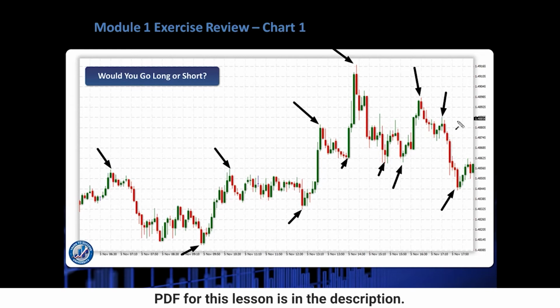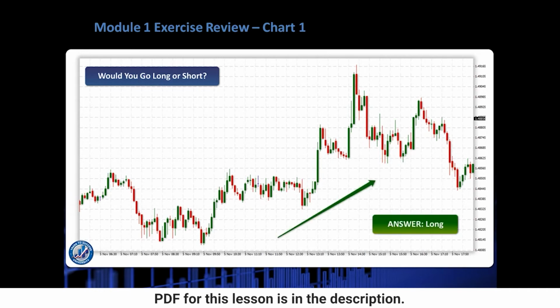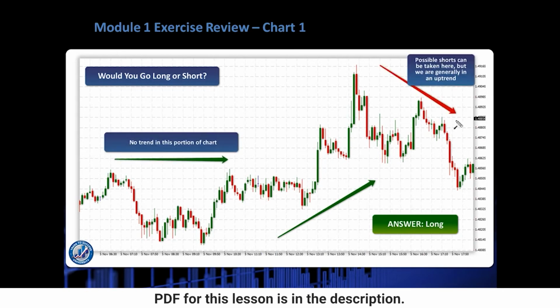So if we look at the overall chart, we would want to be taking longs because of the uptrend. Now I did point out that we do have a decline in price, and so possible shorts can be taken in this area here. But generally we are looking at longs in this uptrend.